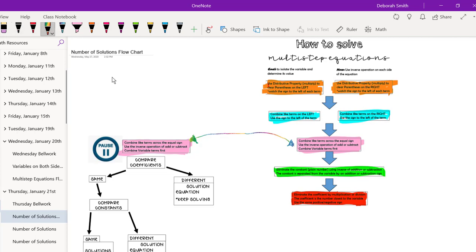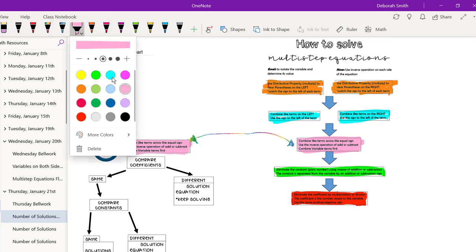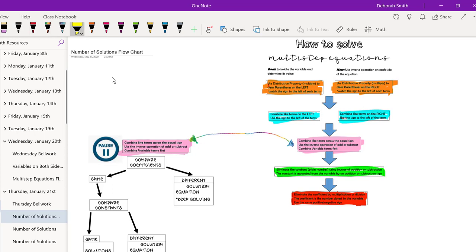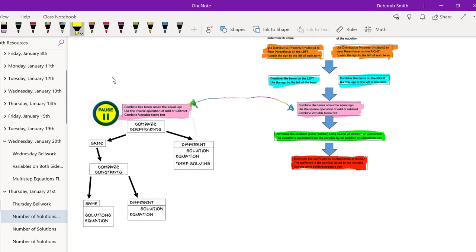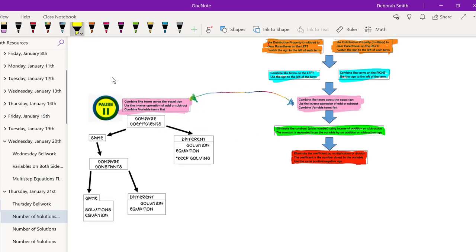So we've got a flow chart here to help us decide how many solutions an equation has. So this pause button right here, when we get to the pink step, this is where we're going to hit the pause button, and we're going to do a couple of things here. So we're going to compare our coefficients.